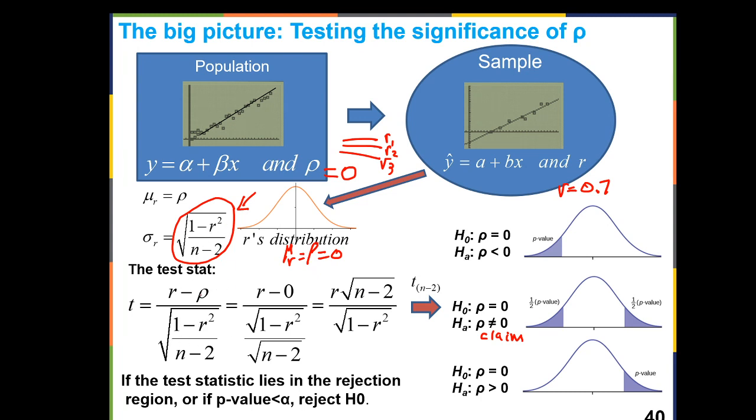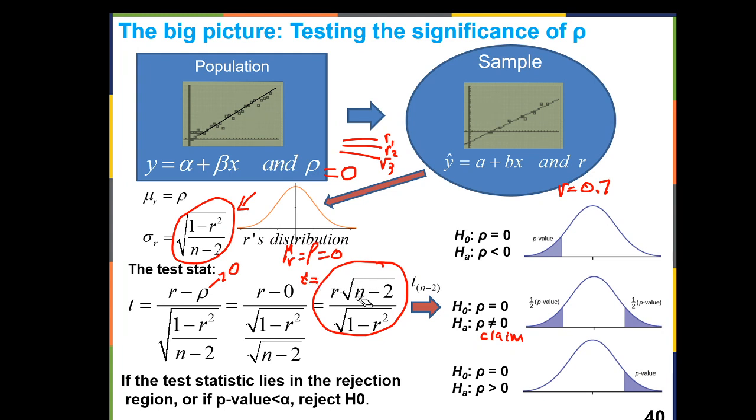And if we do that, and we know that rho is always 0, then we get R minus 0, which is R, divided by this, which we can separate into 2 square roots, and then flip it and multiply it by R. So this is the formula for our T, right? And remember, we called this the test stat in chapter 9. So that's our test stat for R's.